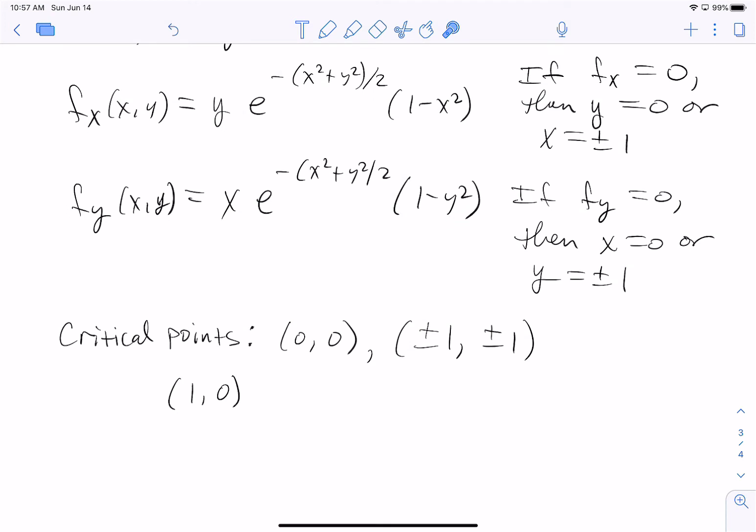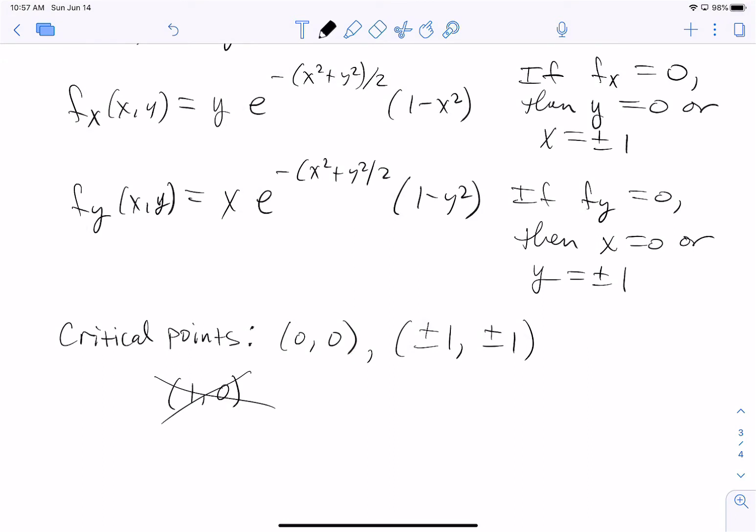And so if x is 1 and y is 0, we're not going to zero out fy. In other words, 1, 0 is not a critical point. And neither are any other combinations of x and y if only one of them is 0.